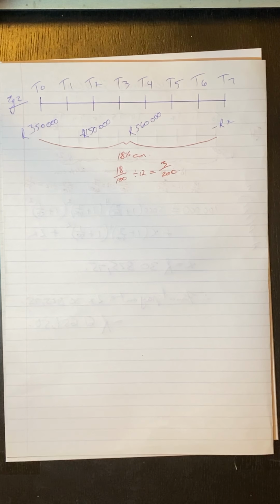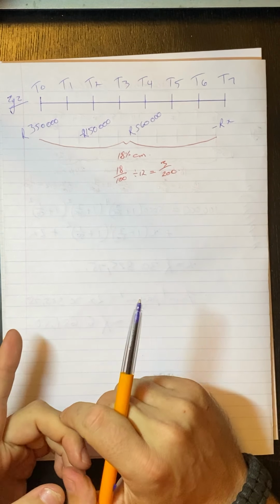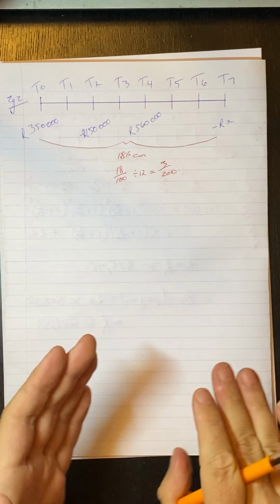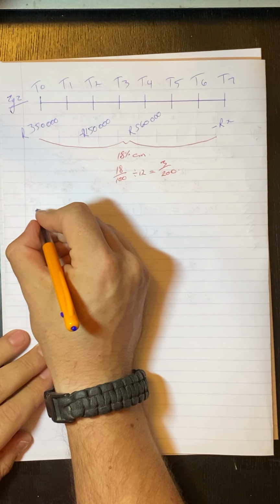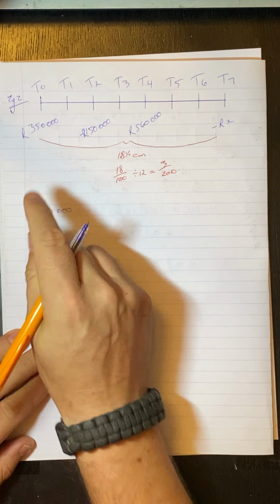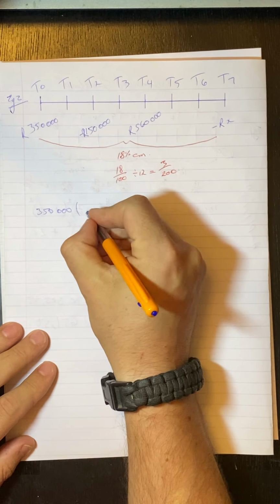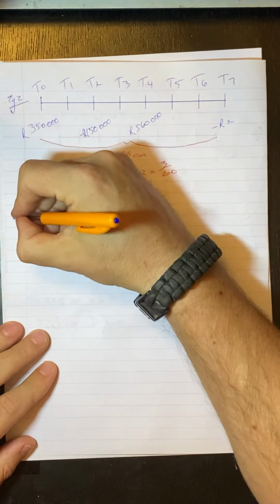Now, just like I did with the previous one, I'm going to put loans on the one side and payments on the other side. So first of all, we've got this loan of 350,000 Rand. And that is going to get interest. So it's going to be 1 plus, again, guys, I'm using the compound formula.